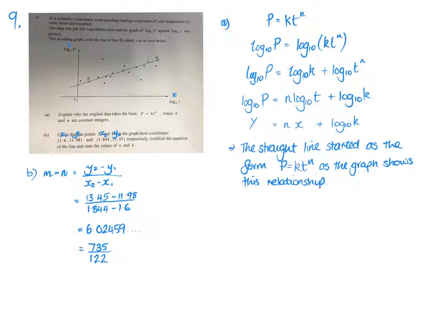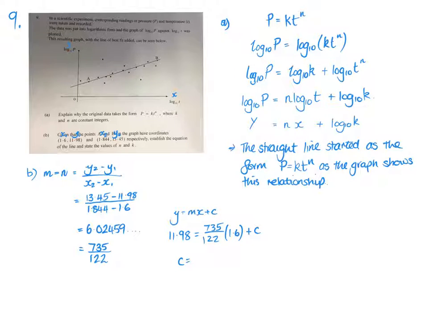We'll leave it as a fraction. Then we've got y equals m x plus c to work out our c, because we've not been told it and it's not given to us on the graph. I'm going to use x1 and y1. So we get 11.98 is equal to 735 over 122 times x, which is 1.6, plus c.